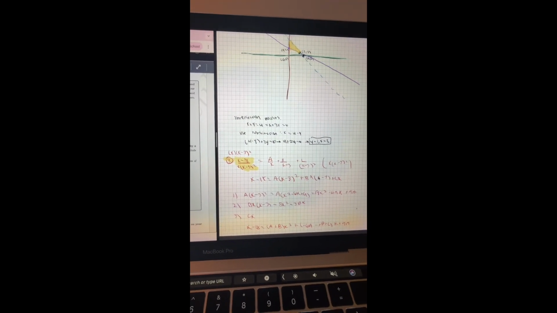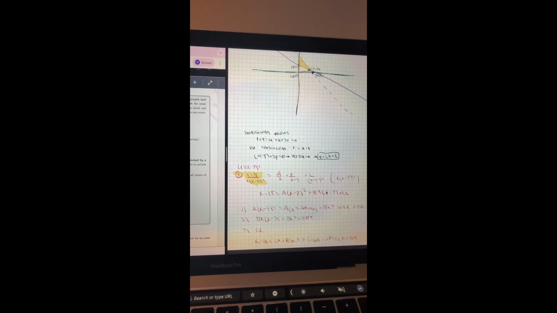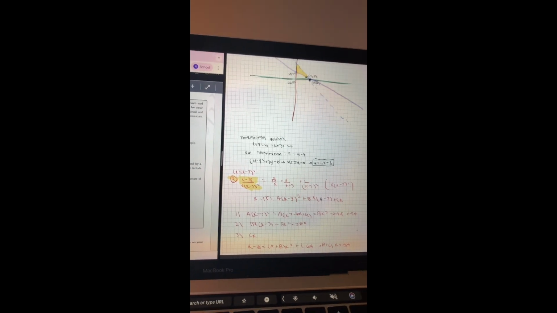And then you just multiply everything by x times (x minus 3) squared to eliminate the denominators. So you end up getting x minus 18 equals A times (x minus 3) squared plus Bx times (x minus 3) plus Cx. And then you want to expand everything on the right side.